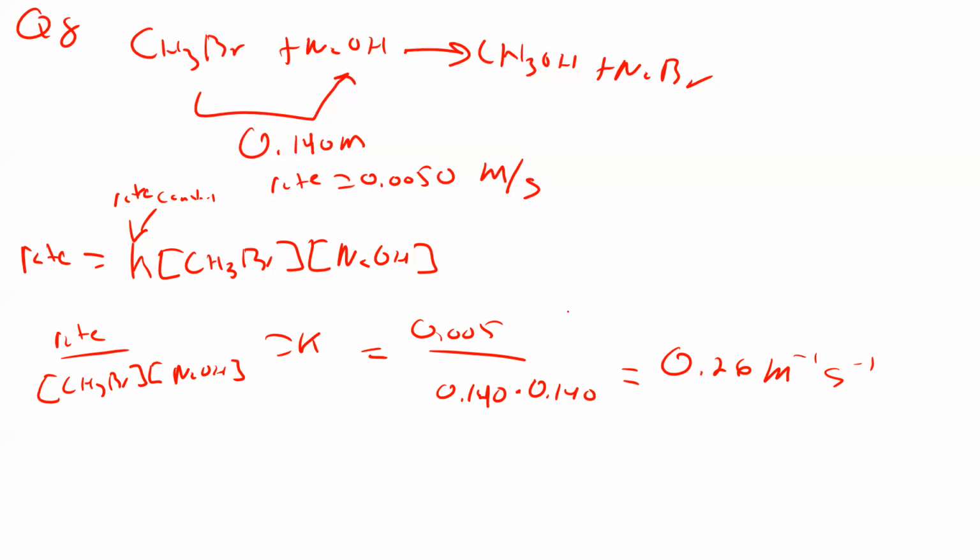So now that we know the rate constant, we had to figure out the rate constant first to do any of the other stuff. Now I know the rate constant.